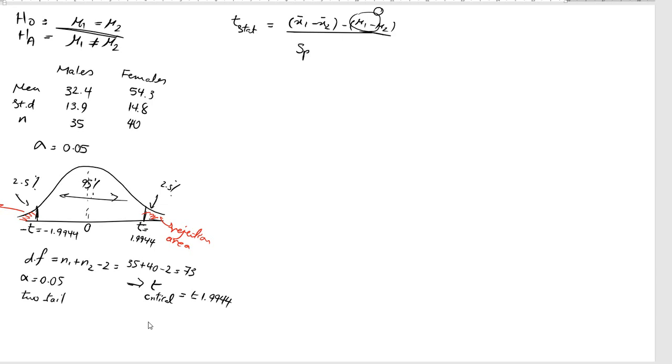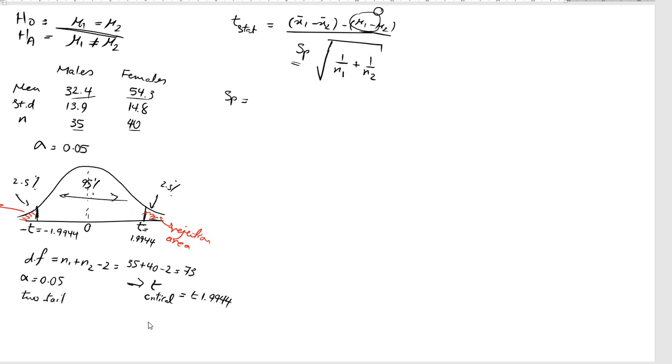It's over the pooled standard deviation times the square root of 1 over n1 plus 1 over n2. I know x bar 1 and x bar 2. I know n1 and n2. I don't have Sp. Sp itself has a formula, so let's write it down.